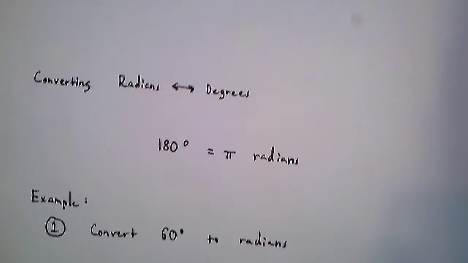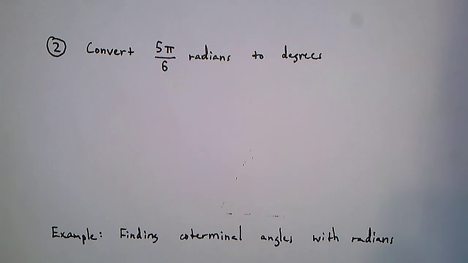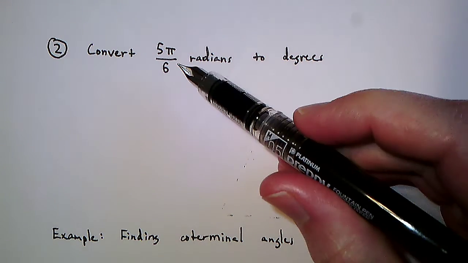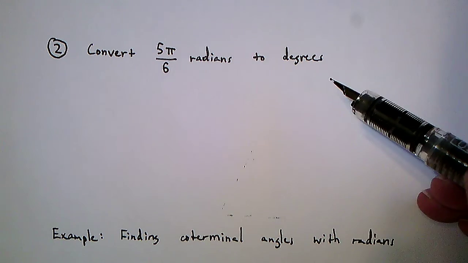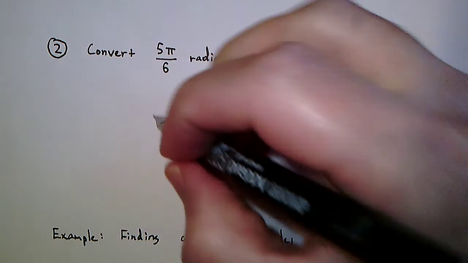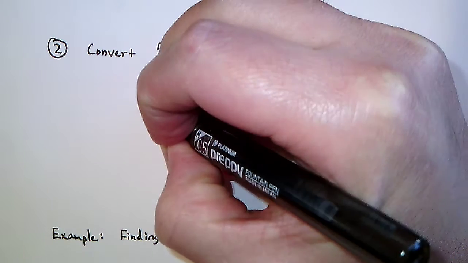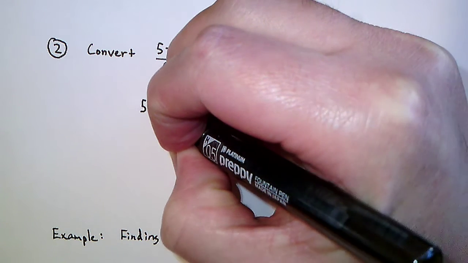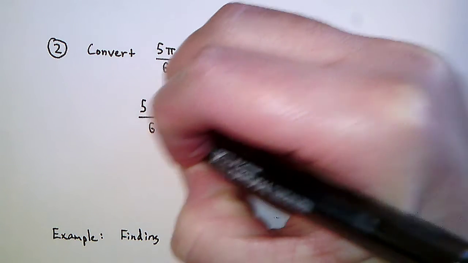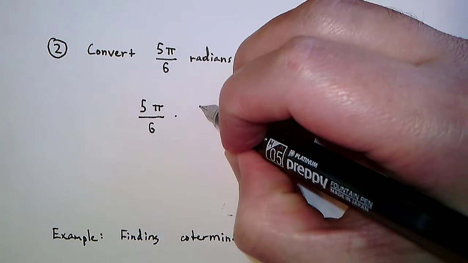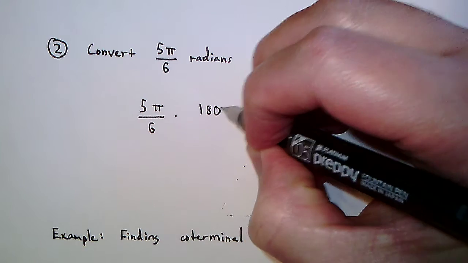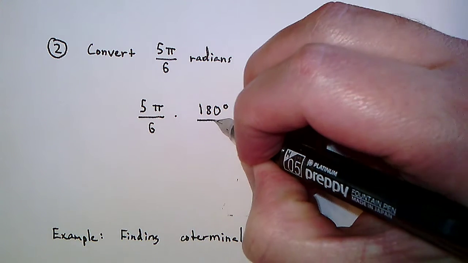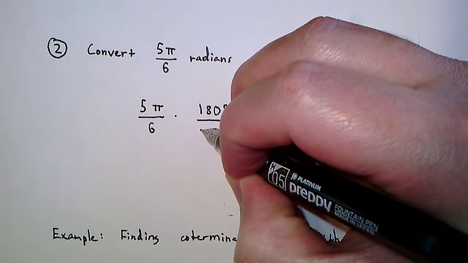We also need to know how to convert the other way, from radians to degrees. So let's try converting 5 pi over 6 radians into degrees. And we'll do something very similar to what we just did, except now we're going to multiply by 180 degrees divided by pi radians.